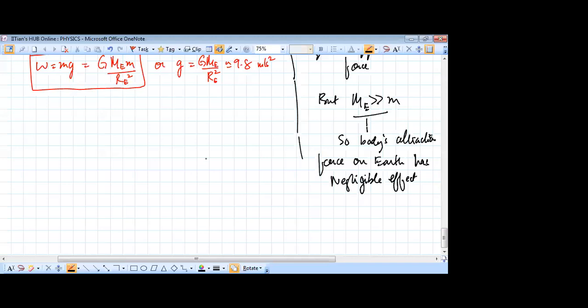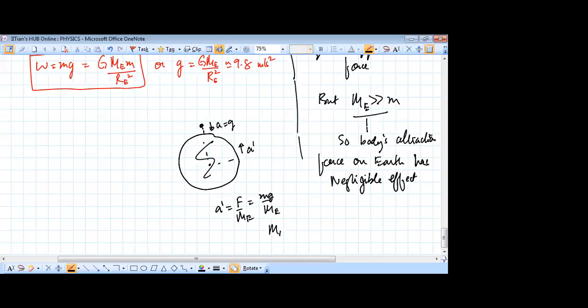So that is why on the surface of the earth, if you drop a body from a certain height, you see this body accelerating downward with g. You don't see the earth accelerating upwards. Because for the earth's acceleration, let's say that's a prime, that a prime will be that gravitational force divided by mass of the earth. So it will be small, mg divided by mass of the earth. But mass of the earth is infinite compared to the mass of the body. So that acceleration tends to become zero. So there's no effect of that.